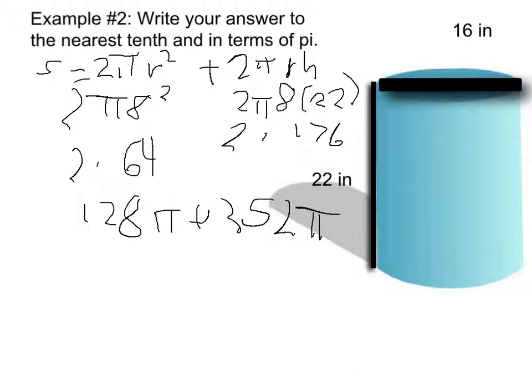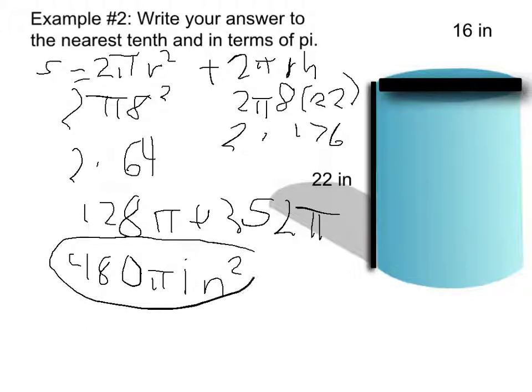And 352 plus 128 is 480 pi. And this will be your answer in terms of pi, just add inches squared. That's your answer in terms of pi.